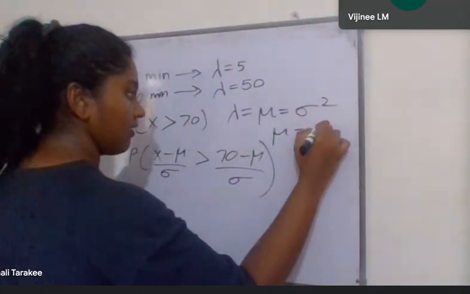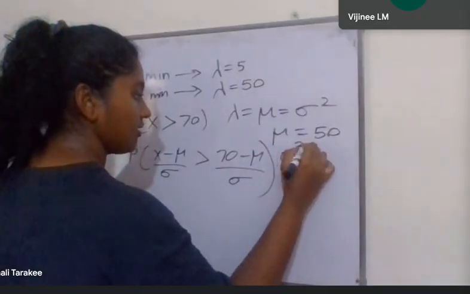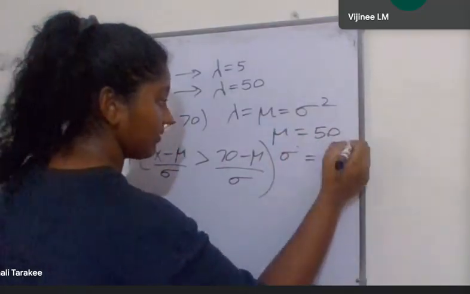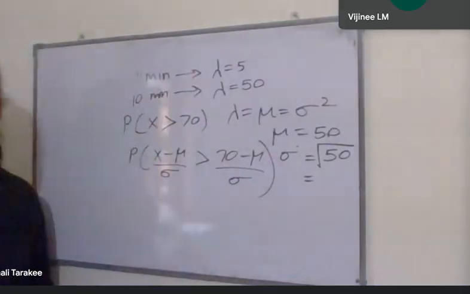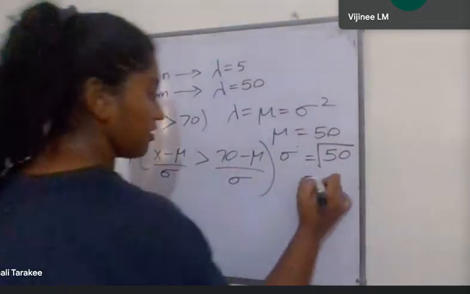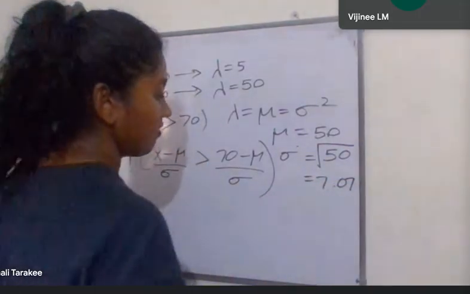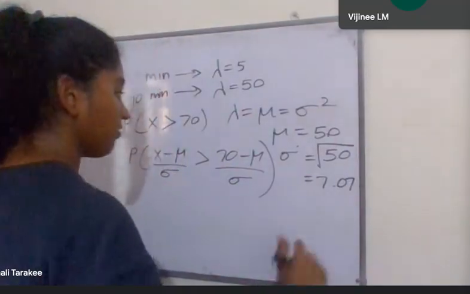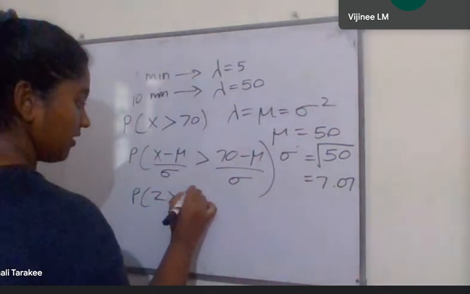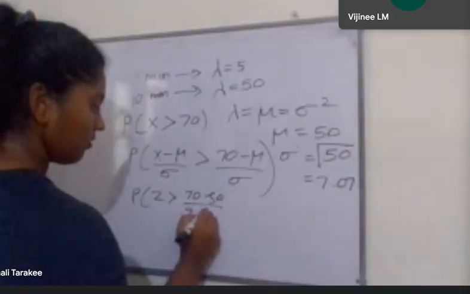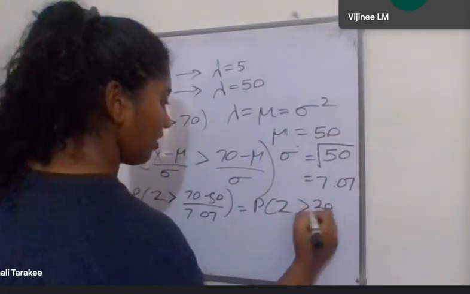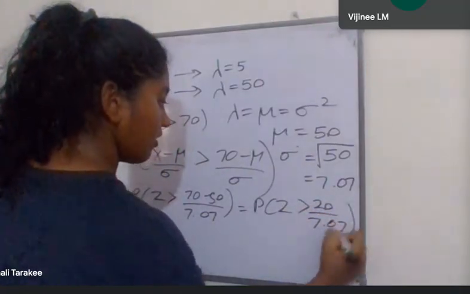So mu is 50, standard deviation is square root of 50, which is 7.07. So here P(Z greater than (70 minus 50) over 7.07), P(Z greater than 20 over 7.07).